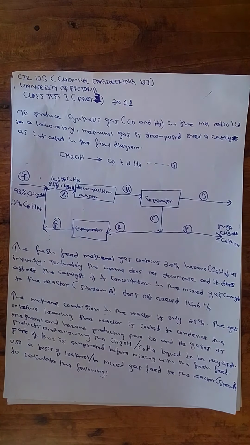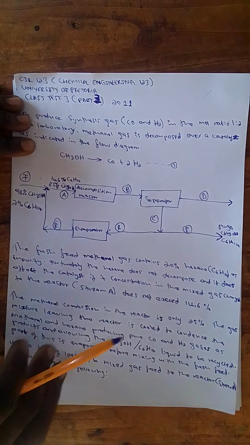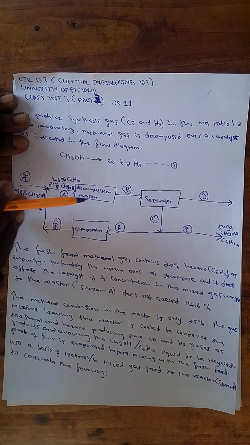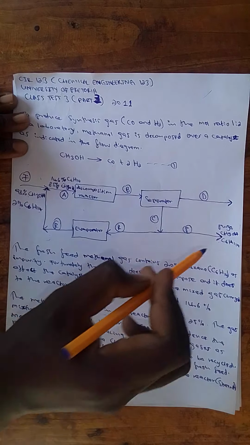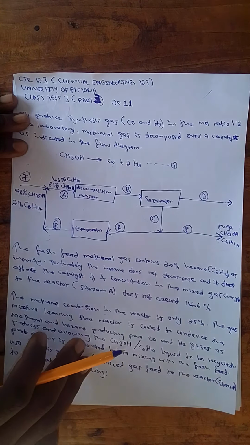The concept or the principle is still the same. It's just that instead of focusing on the reactor, we are focusing on the whole process. In that case, we're going to be looking at stream F, which is the stream that is taking methanol into the process, alongside C6H14. And we also look at stream P, which is the stream that is taking methanol out of the process.